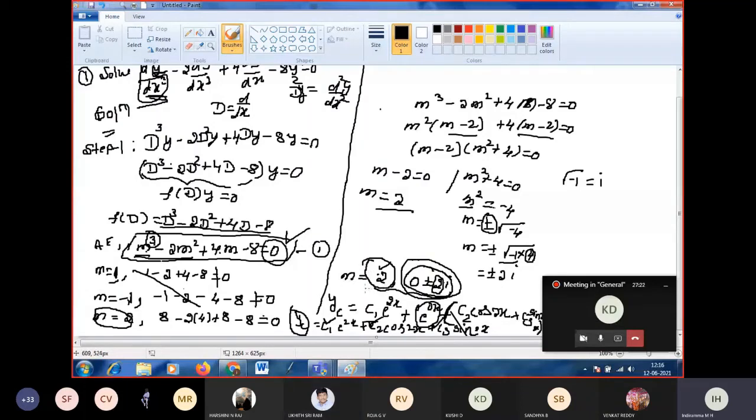Yes, ma'am. According to the nature of the roots, we have to write the solution. Keep each as separate roots, write the solution for each, and combine with plus. Once you have written C1 for the first solution, you can take C2, C3 for the other solutions, then join the solutions with plus.